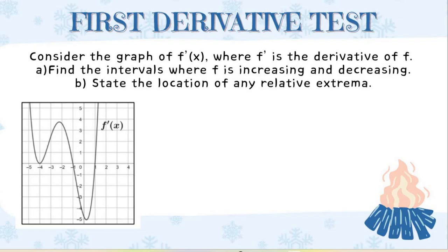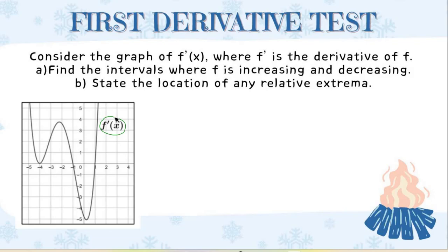What is my graph of? F prime. What might be a common mistake when we're given a graph? To treat this as just f, and say it's increasing from -4 to -2, and that my relative extrema are -4, -2, and 1/2.